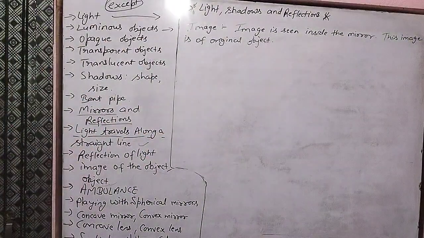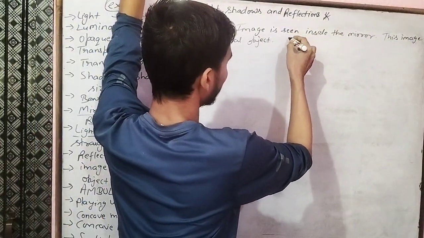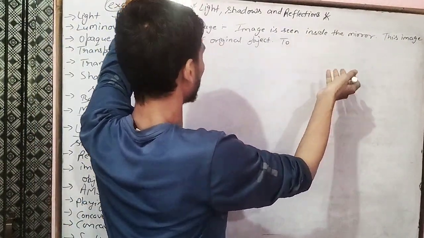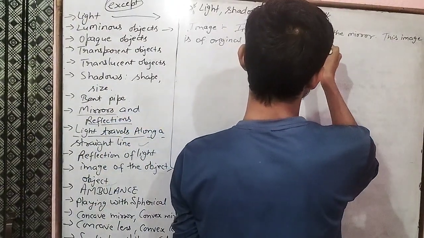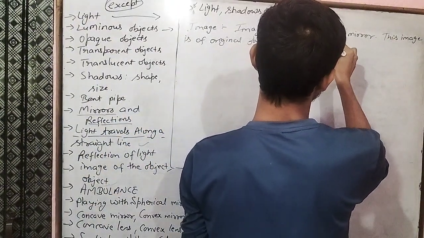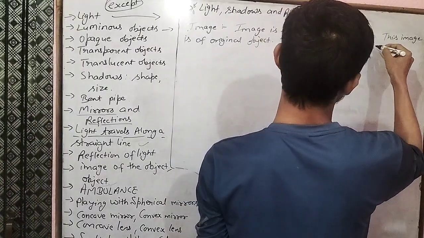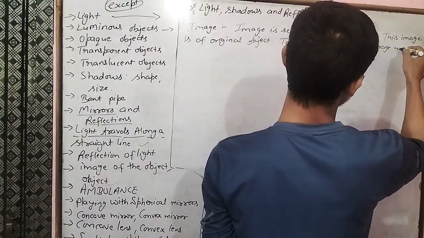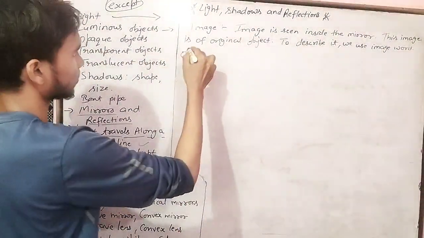This image is of the original object. Clear? To describe it, we use the word image.